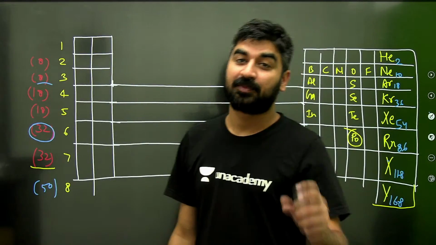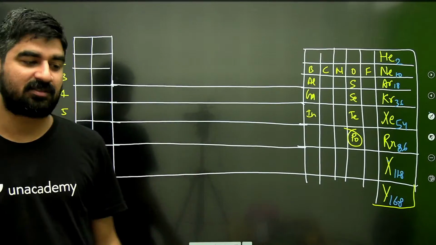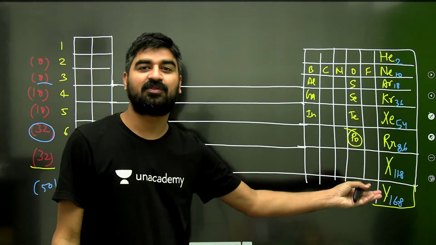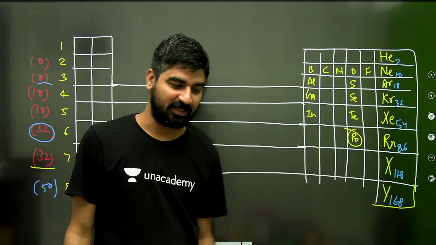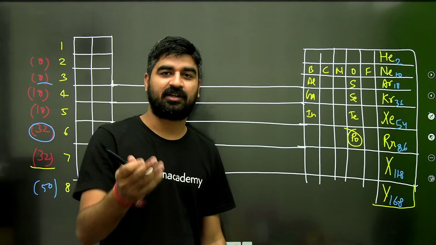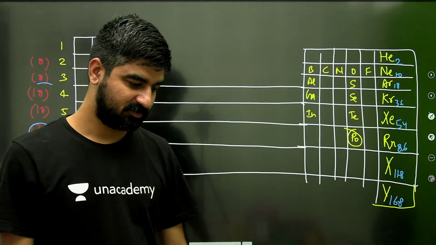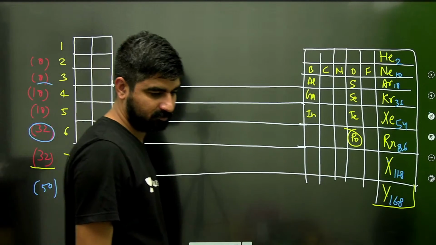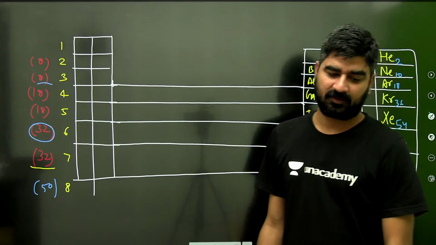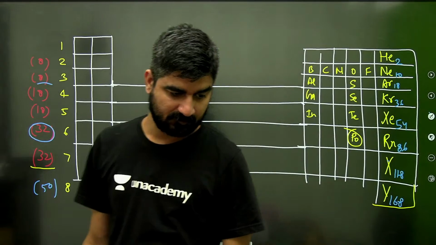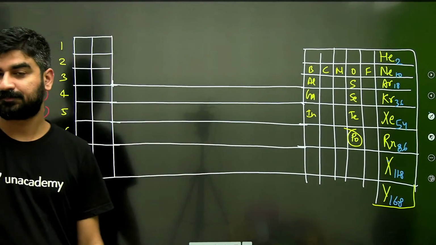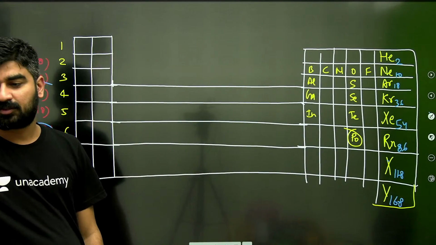Now I will teach you how to write the configuration of elements. Even if I'm not giving you the atomic number, still you can do that. Just try it yourself, then I will tell you. For Po, do it guys. Do it, be fast.